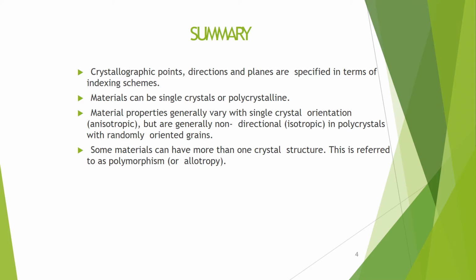That means the single crystal orientation shows anisotropic properties generally, and the material in polycrystalline form shows non-directional or isotropic properties with randomly oriented grains. Some materials can have more than one crystalline structure. This is referred to as polymorphism or allotropy.